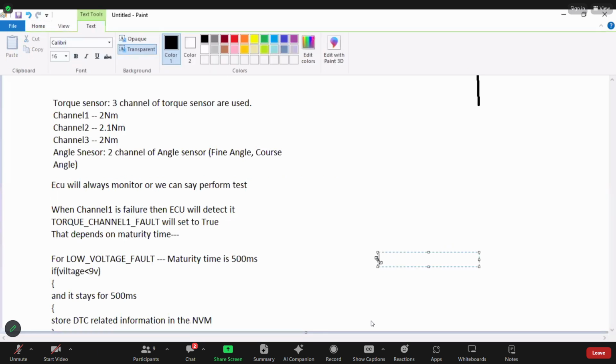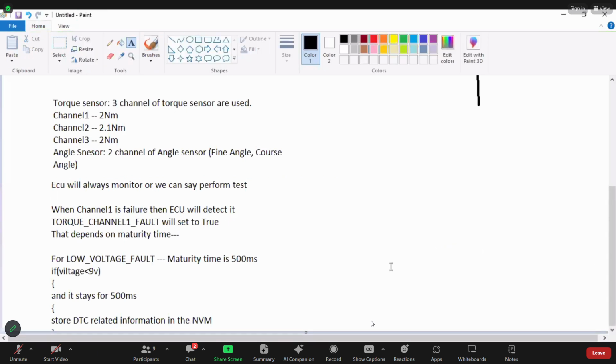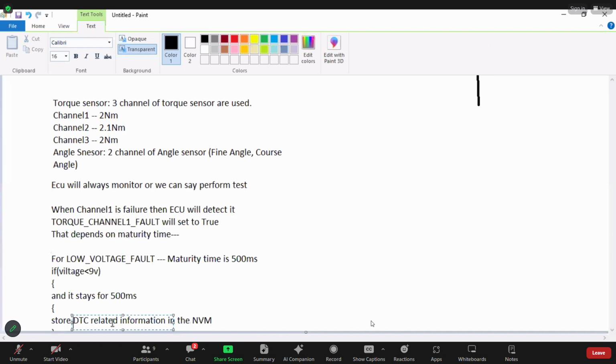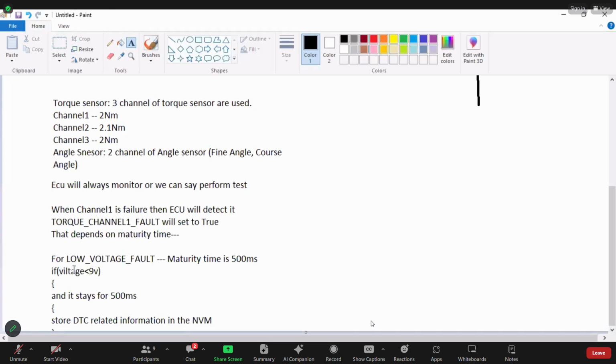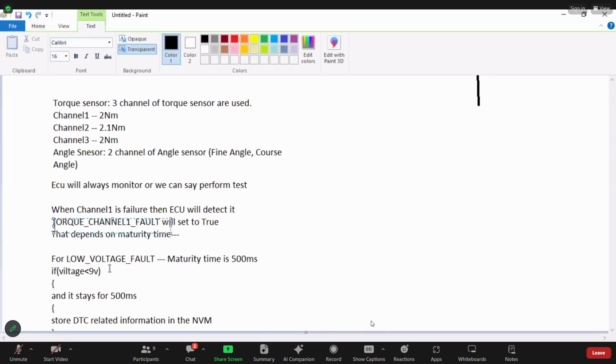Guys, understood? Have you understood? But for this fault, if sensor 1 fault is detected, immediately store DTC-related information in the NVM because there is no maturity time. Guys, clear?